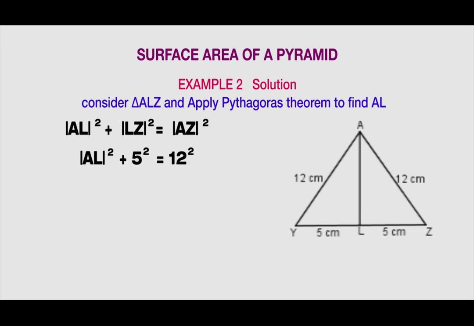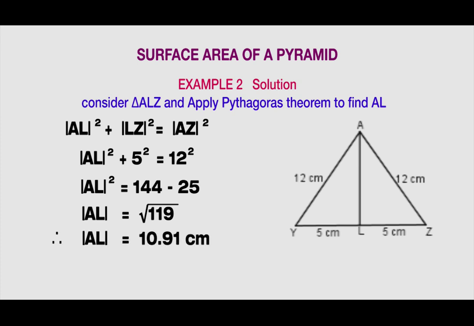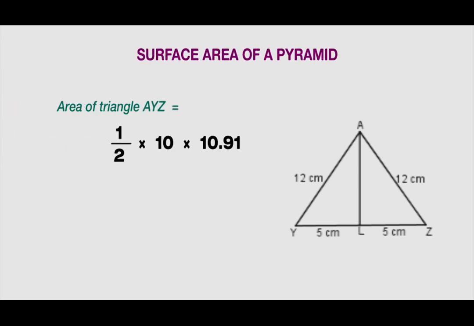And that will simplify to AL squared equals 144 minus 25. Simplifying this, we have AL equals square root of 119, that's 119. And therefore, AL is equal to 10.91 centimeters.